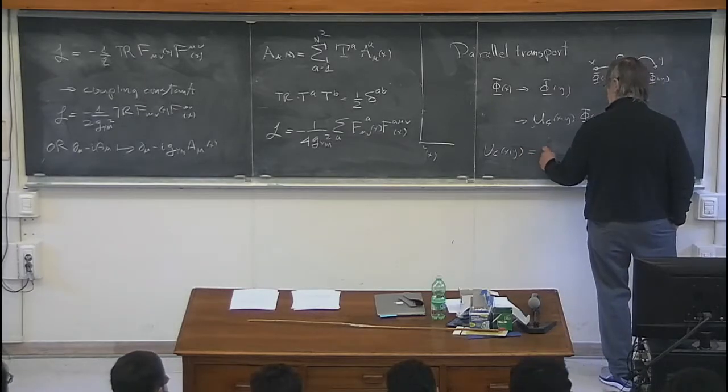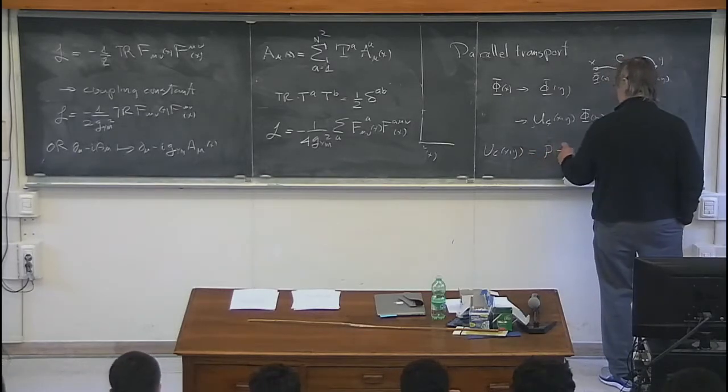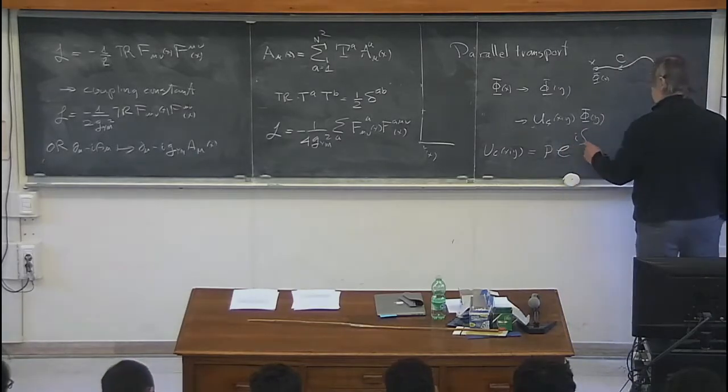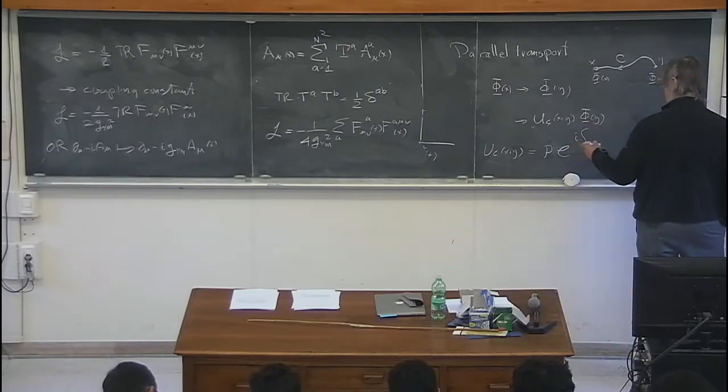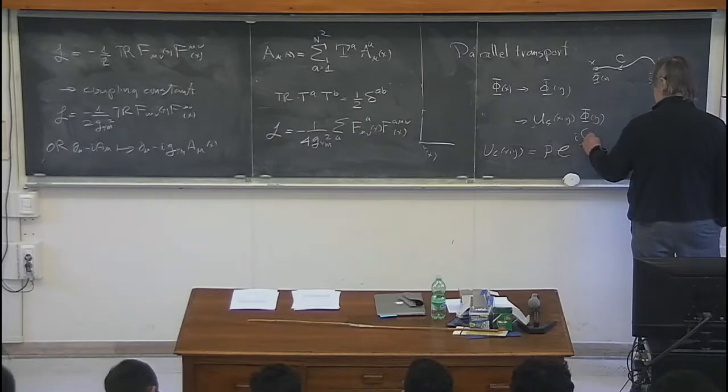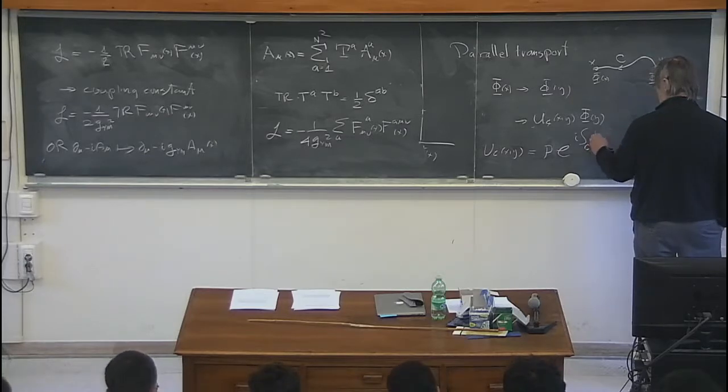And what this is, is a path-ordered exponential of i times the line integral along the curve of the connection field. So just let me write that, assuming I have a parameterization of the curve. The parameter tau.